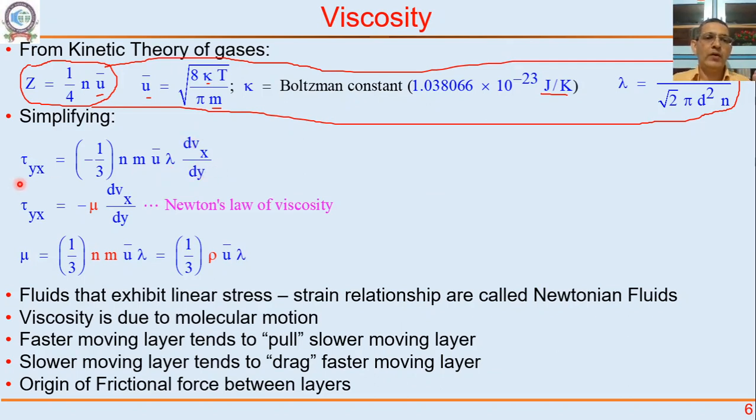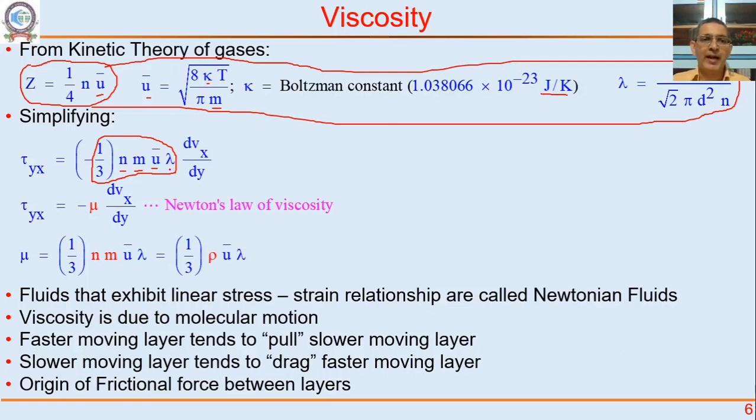Now all this I can club into a constant because they are constant for a particular gas at a particular temperature and pressure. 1 by 3 is coming from the mean free path. Number of molecules per unit volume depends on the pressure of the gas. M, the mass of the molecule, depends on the gas. U, the RMS velocity, depends on the temperature and mass of the molecule.